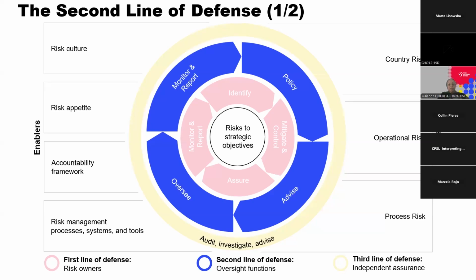We also monitor the progress of risk management at portfolio management level. So we look at the different types of risk across the portfolio, assess the adequacy of mitigation actions, and regularly report to senior management, committees, and to the board.